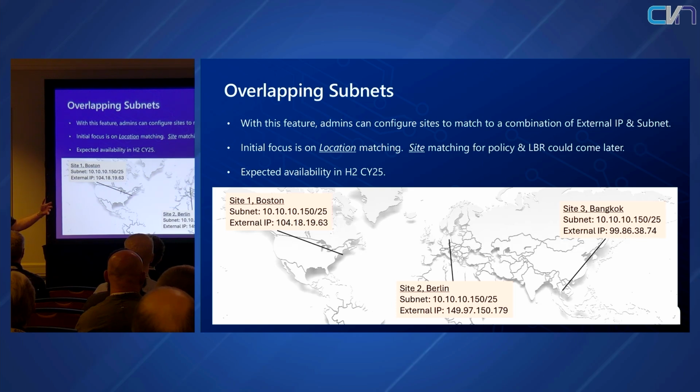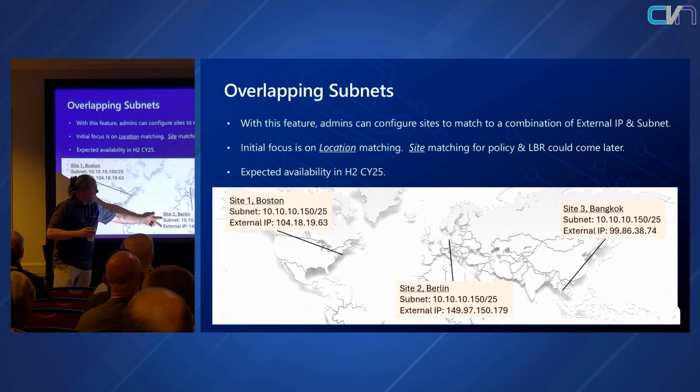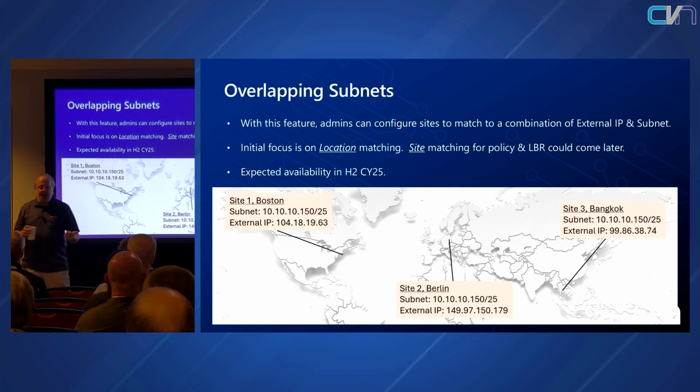And so in the future, when I, as an admin, am configuring subnets, I will have the option to also configure the external IP that matches with that subnet. So that way, when a user is in this topology, we'll have both the subnet information and the external IP to be able to make the location determination.